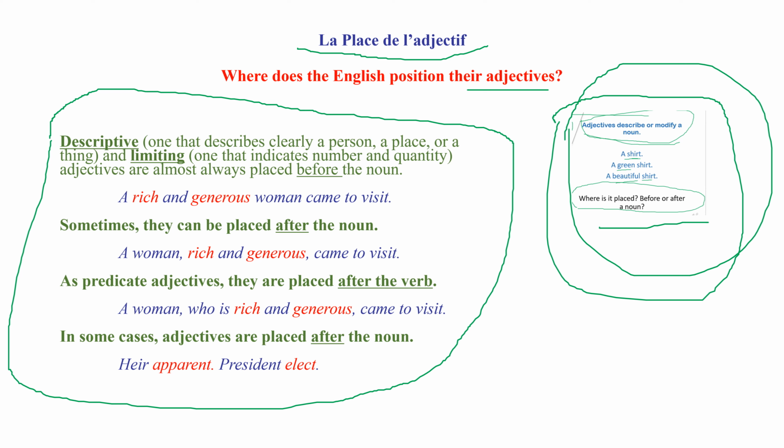This gives you a snapshot of where the English would place the adjective. So we've got the descriptive one, and then we have the limiting one. It's one sentence, but it is formulated differently just to show you where it is placed.